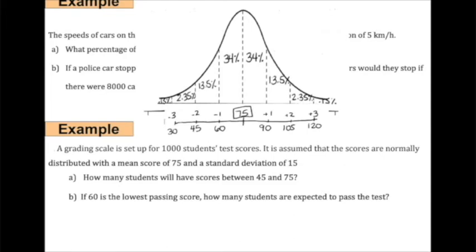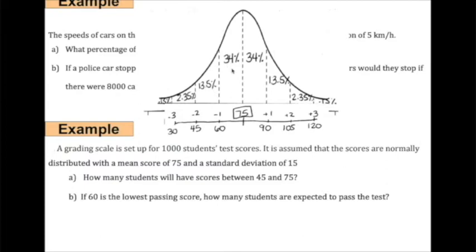So the mean is 75, and question A is asking for how many students will have scores between 45 and 75. So between 45, which is minus 2 standard deviations away from the mean, and 75.